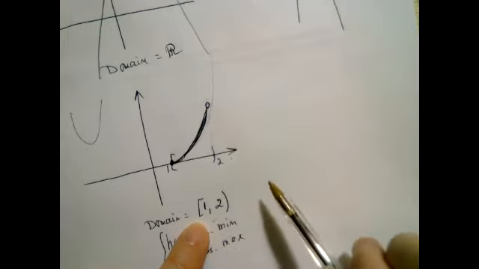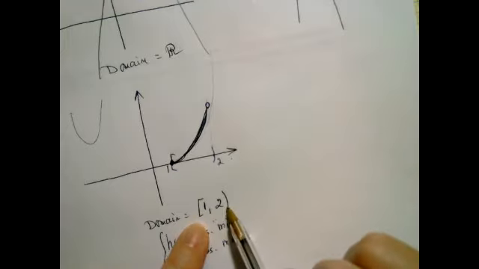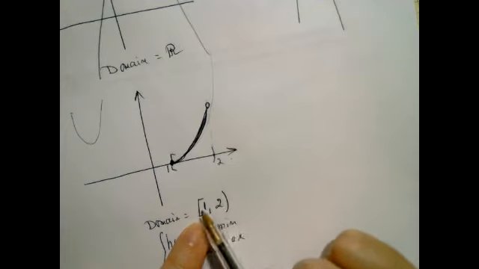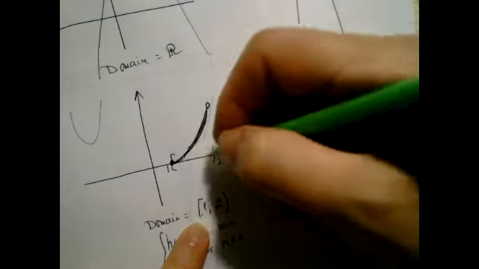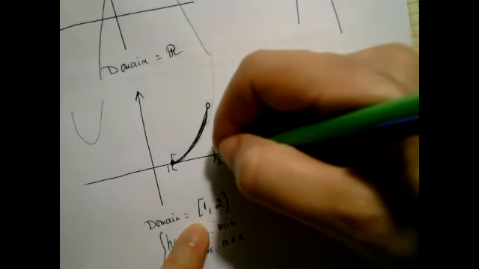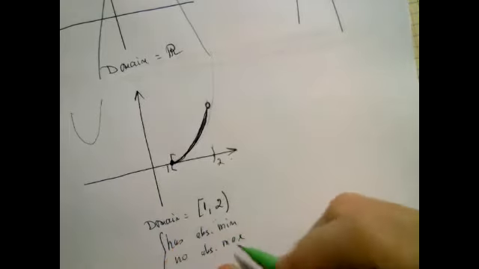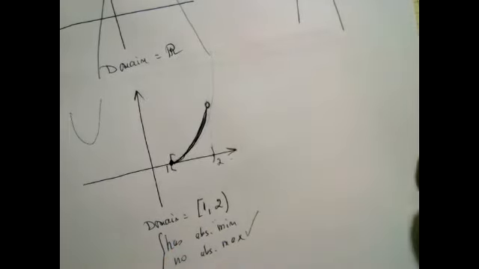That's what absolute max is. What can you say? Yes or no? No, because 2 is not in the domain. It's an open circle at 2. So this function has no absolute max.